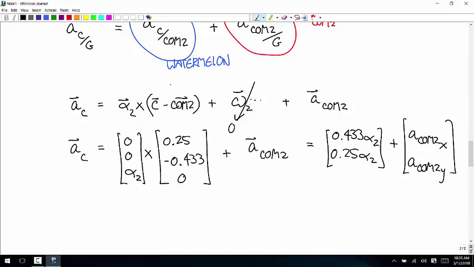We just want to say that the y component is equal to 0. And so equation 7 star, our last equation, says 0.25 alpha 2 plus acceleration of the center of mass of 2 y component is equal to 0.